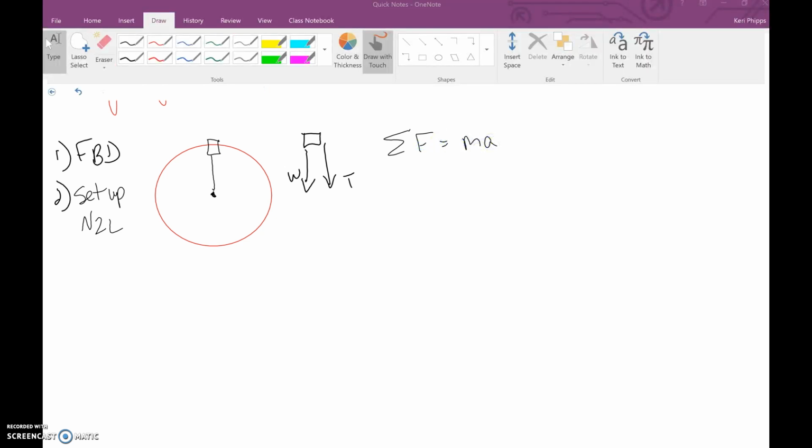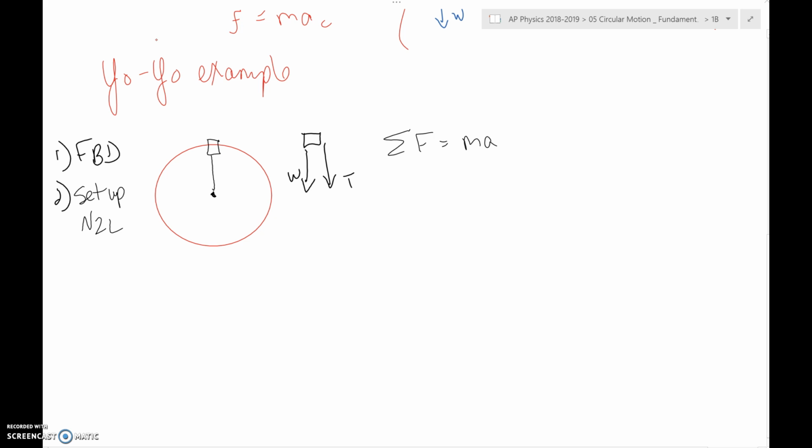But in this case, the direction that we're dealing with is not x, it's not y, it is the centripetal. That's the net force that is keeping it moving in a circle. All right, now before we go any further, we need to address this. What way is this going? Is the weight and the tension really pointing down?